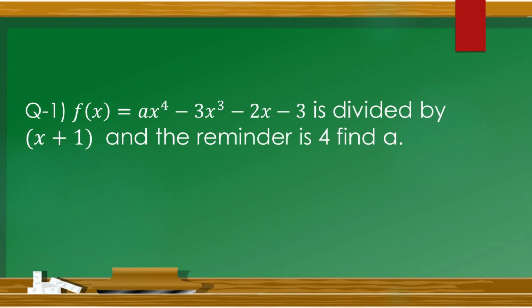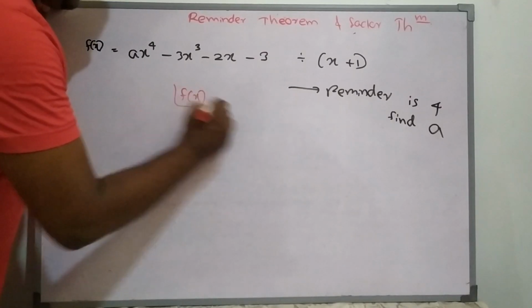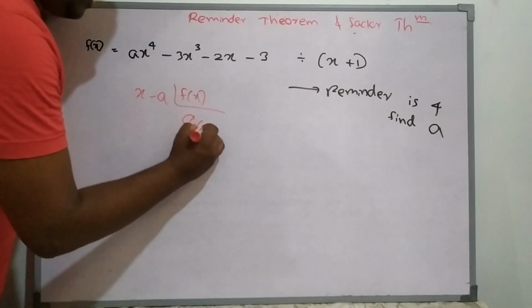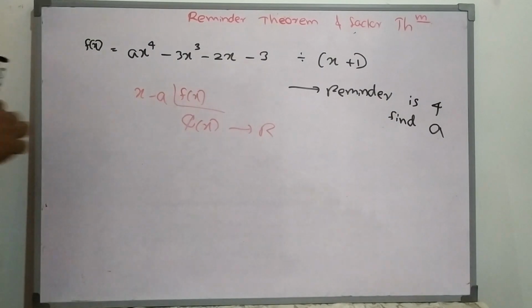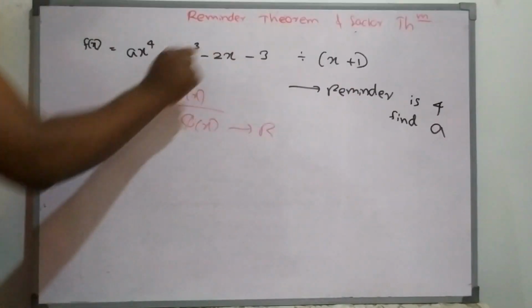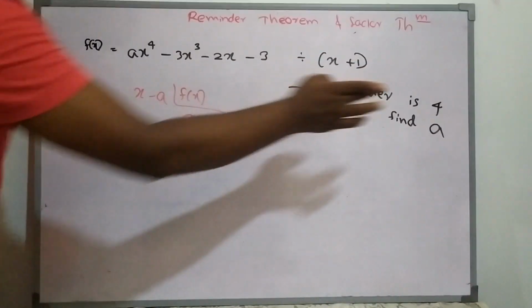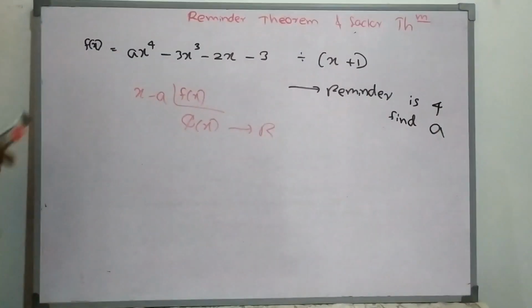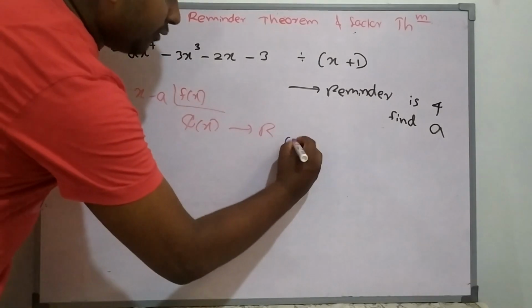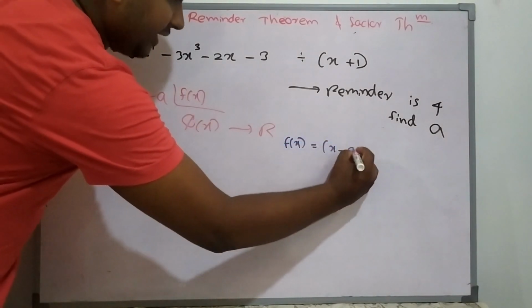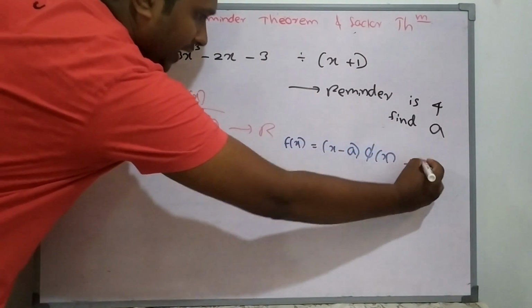What is the remainder theorem? f(x) is divided by x minus a, the quotient is psi(x), and the remainder is r. Here, this is our polynomial function, we are dividing by x plus 1, and the remainder is 4. We have to find a. So f(x) equals (x minus a) psi(x) plus r.